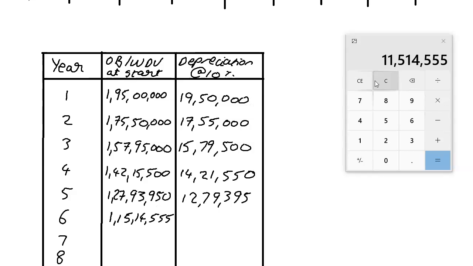Okay, and now you take this number and find 10% of it. Now I'm out of zeros, but I can still take the same thing down and put a point over here. So this is what my depreciation number is going to be: 11,51,455.5.